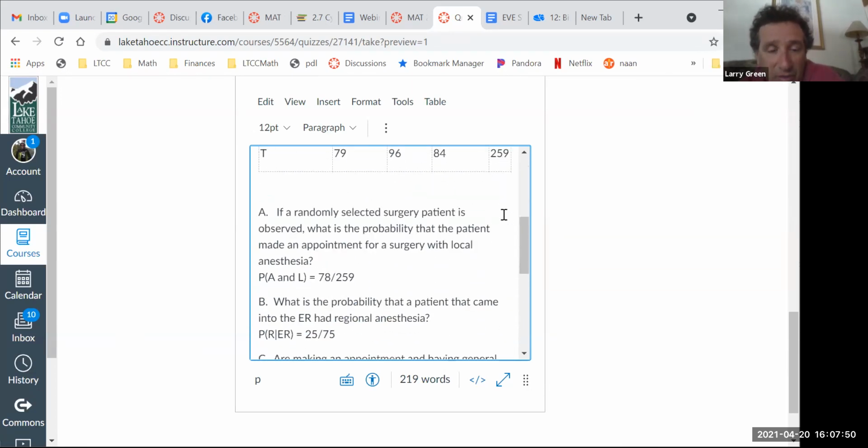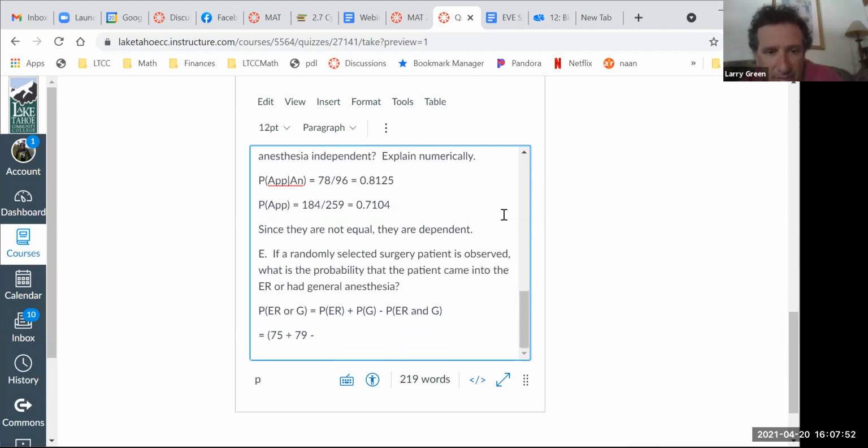Then that's 32. Over the same denominator that we've had all along, which is 259. And if you want to simplify it a little bit, you can. You don't have to. But let's see, 79 minus 32 is 47. 47 and 75 is 122 over 259.